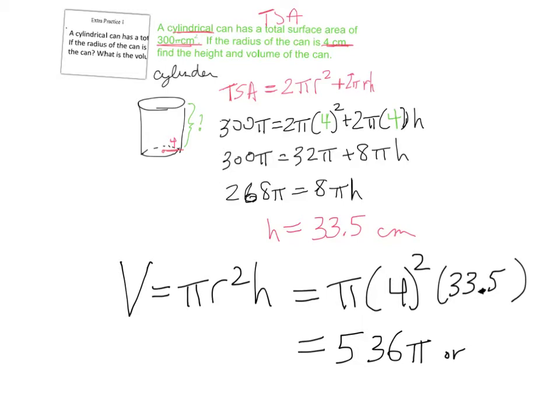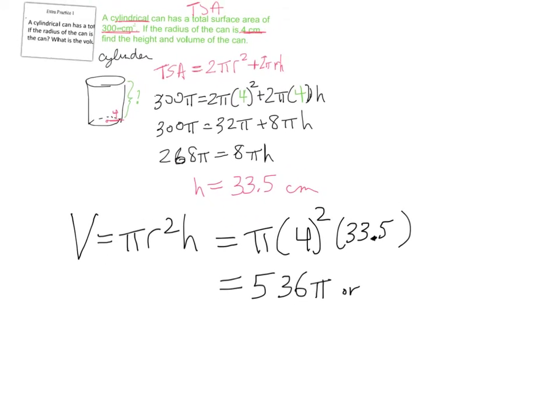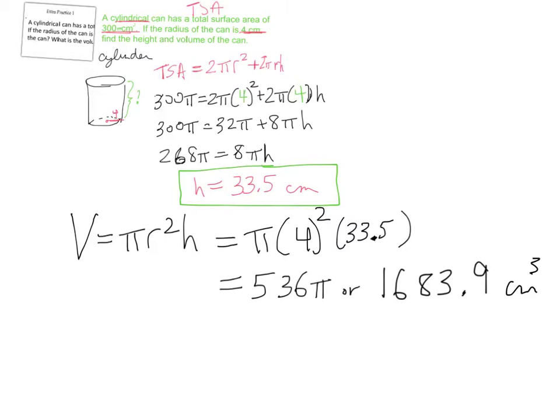Let me move this. And of course we include units for volume, cubic units. I'll box my answers. There's one of them. Here is the second one, and hopefully that made sense.